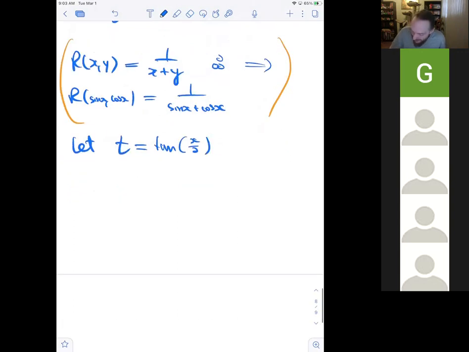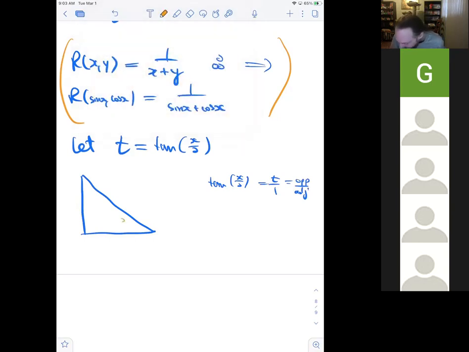Well, first of all, this says that tan x over 2 is equal to t over 1, which is opposite over adjacent. So if I put x over 2 down here as my angle, I should have t and a 1. That says that my hypotenuse is the square root of t squared plus 1. And now the square root will go away.